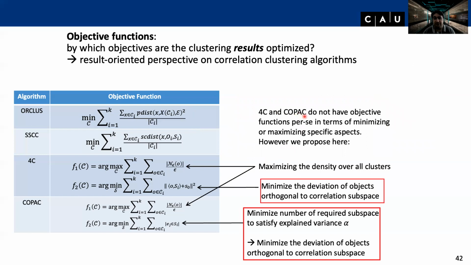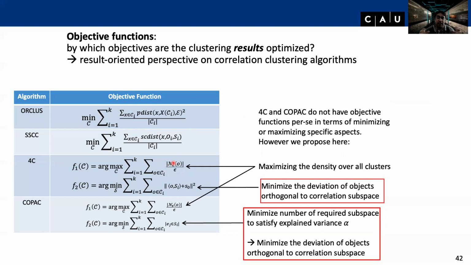4C and COPAC, however, do not have objective functions per se in terms of minimizing or maximizing specific aspects. However, what we propose here is to maximize the density over all clusters. So we want to maximize this expression, which means the epsilon neighborhood of an object should be as small as possible, and the number of objects in the epsilon neighborhood of an object should be as large as possible.